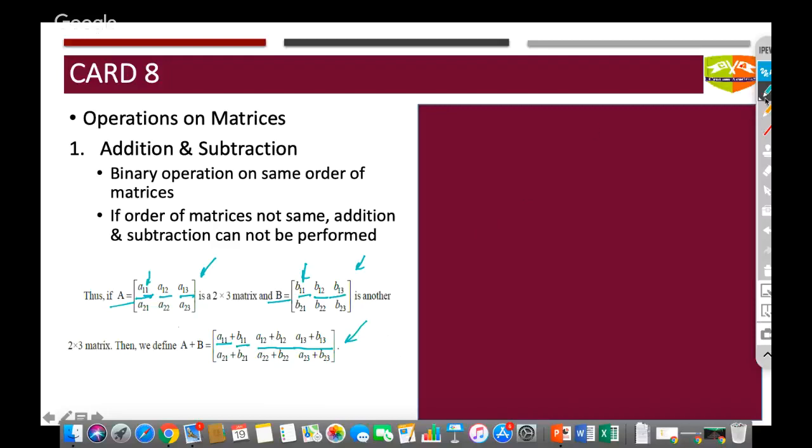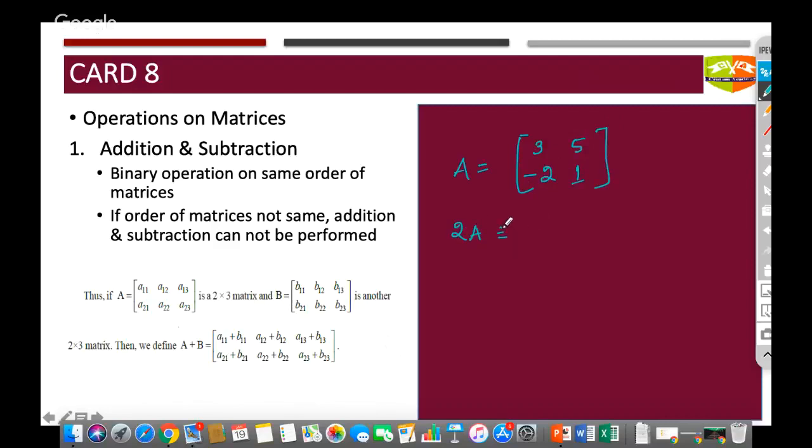Now here only I will teach you the scalar product of a matrix. What do I mean by that? Suppose I am writing a 2 into 2 matrix, A equal to [3, 5; minus 2, 1], and I have to find 2A.